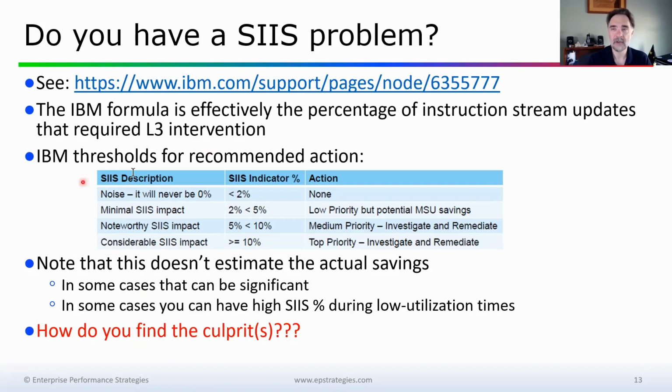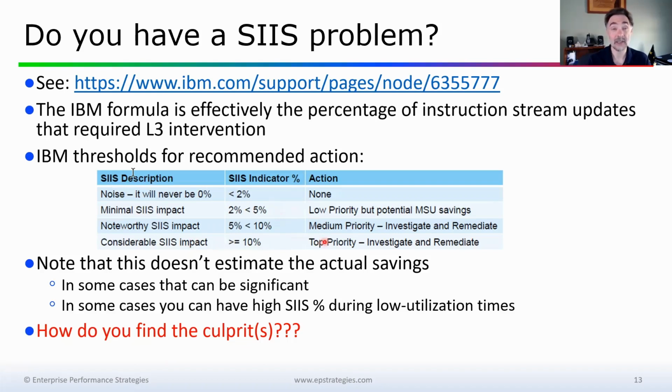Now, they came up with thresholds for recommended action, okay? I'm not gonna argue with these thresholds because I can't say that I've seen enough data to necessarily make those arguments. I trust that they did the analysis and thought these were reasonable thresholds. In other words, greater than 10%, they figured this should be a top priority.